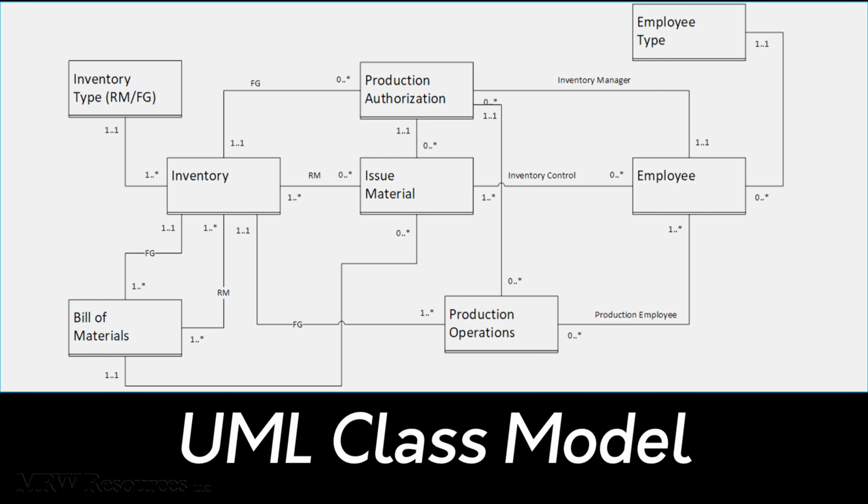Now note that materials and production operations accumulate work in progress inventory information and also update finished goods inventory after production is complete. This UML model is a good starting point for conversion, but there may be other considerations. Do you want a production status type image for the production operations?